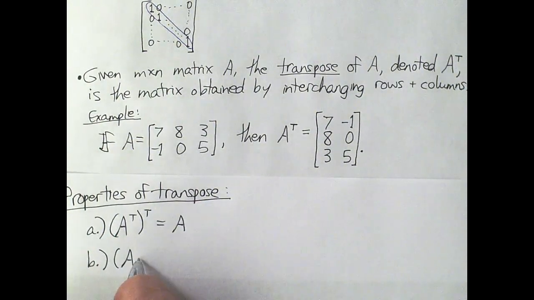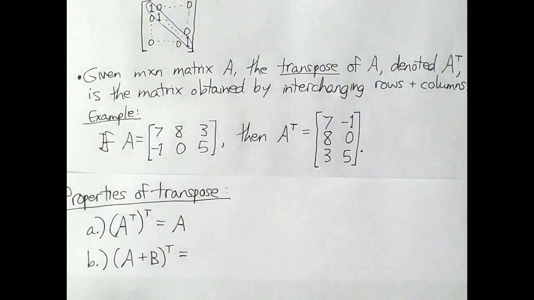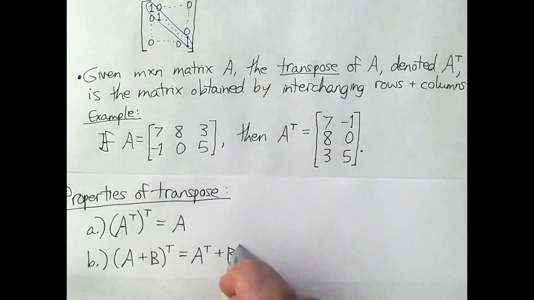How about this? A plus B transpose equals A transpose plus B transpose. It actually is sort of distributive in that sense. I don't know if you find that surprising or not. I think maybe at first glance, when we've just learned what transpose means, this does seem a little bit surprising, but it does work out.